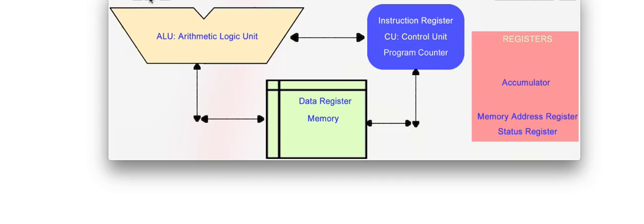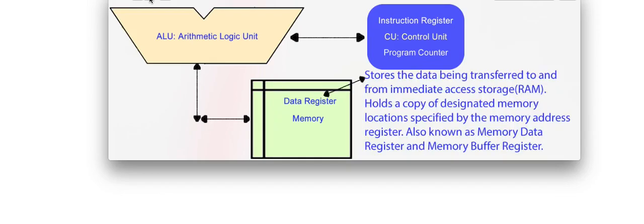Okay, so moving on. Now we're moving on to the data register. This is part of memory. We can see that in the diagram. The data register has appeared. So what does the data register do? The data register stores the data being transferred to and from immediate access storage, RAM. It holds a copy of the designated memory locations specified by the memory address register.